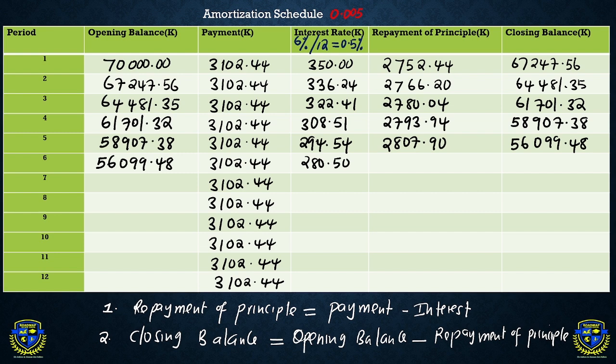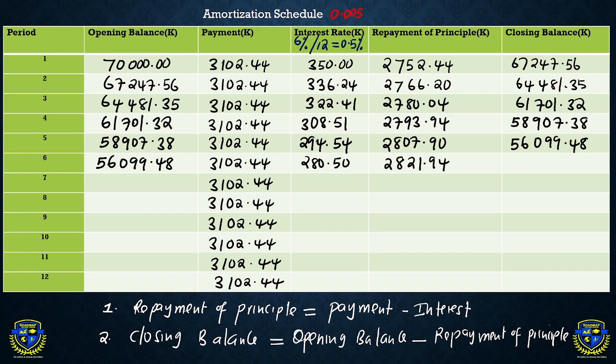Then subtract this interest from the payment. It's going to give us the 2,821.94. Then this equal payment, or this repayment of a principal, subtract it from the opening balance, which is 56,099.48 minus 2,821.94.